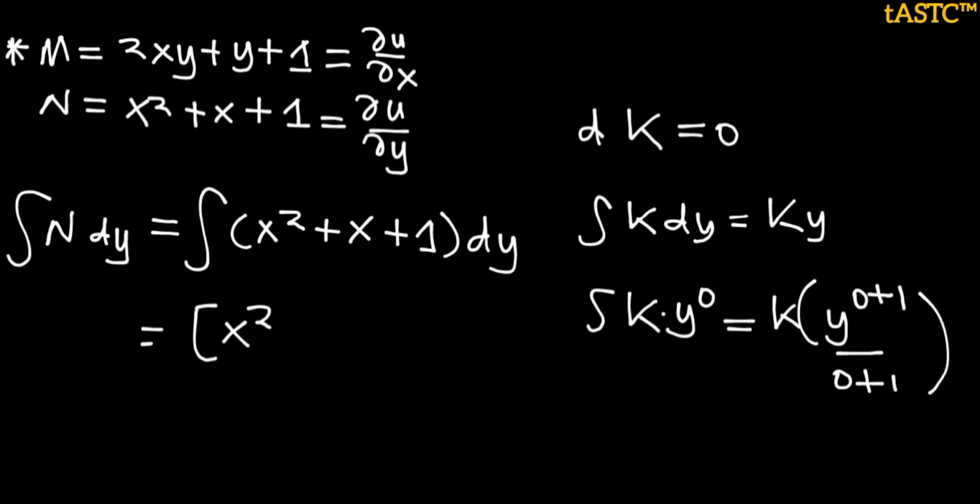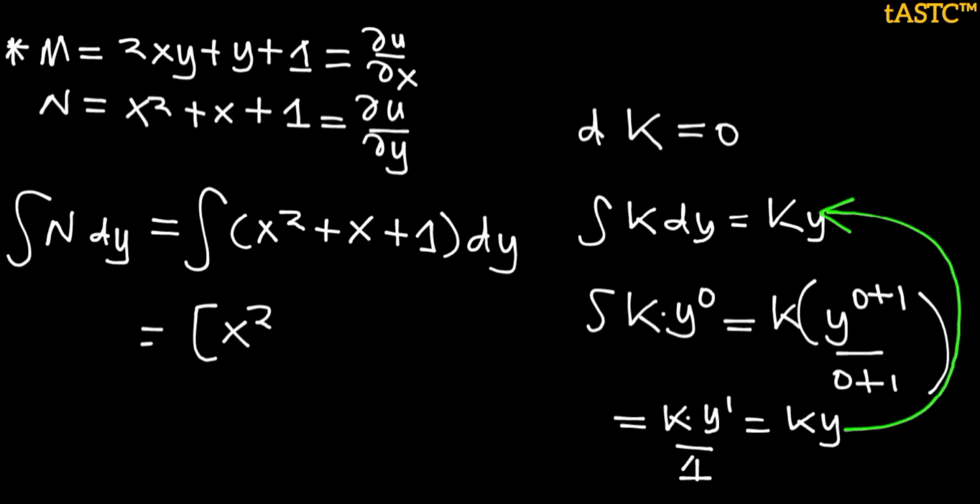Now there is already a video which I've uploaded on integration, so feel free to check that out on the channel. So in this case, we're going to have a k, that will be y to the 1, divided by 1. This obviously is going to give us a ky.